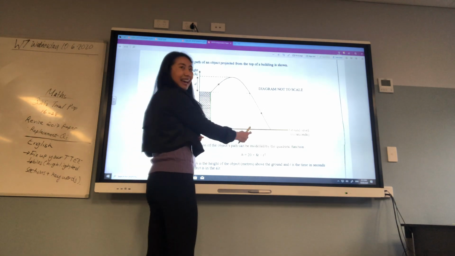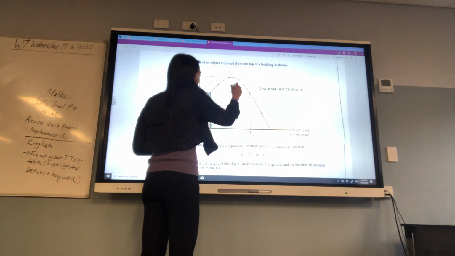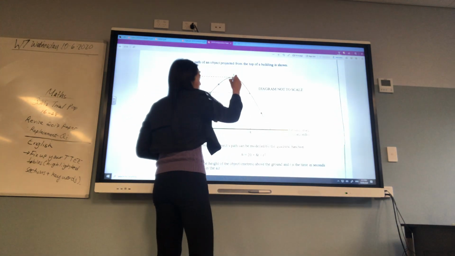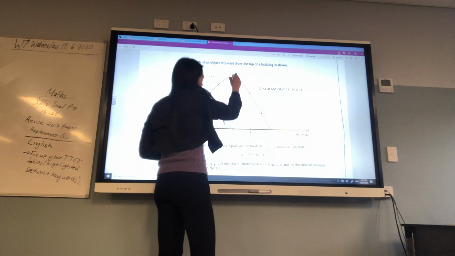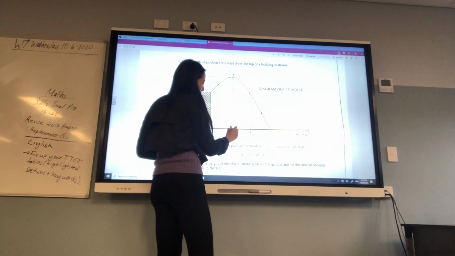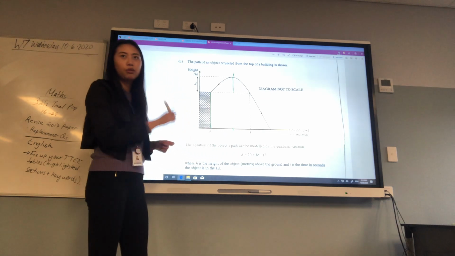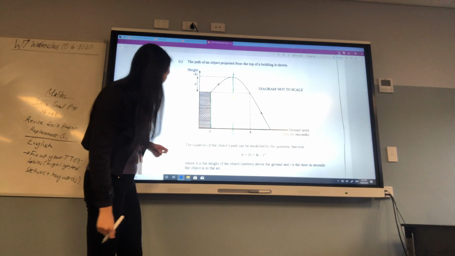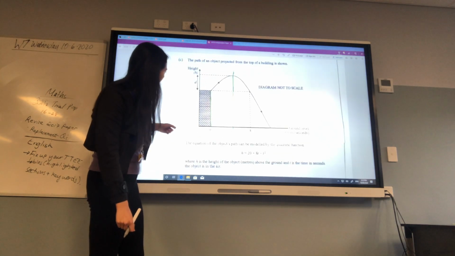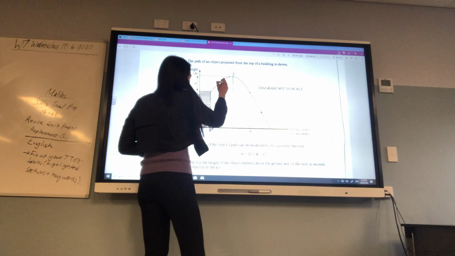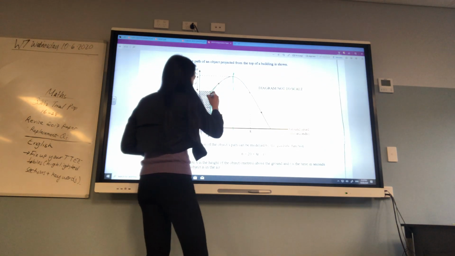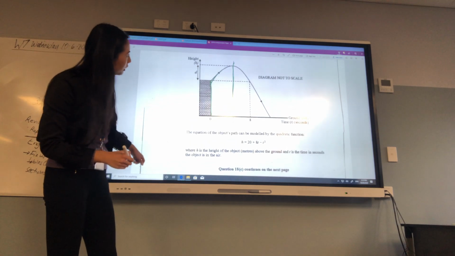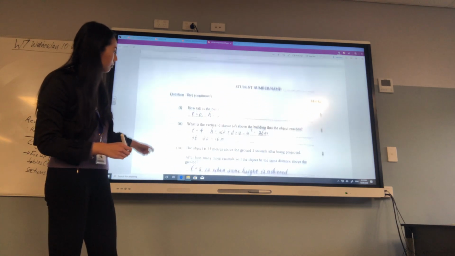If you know this part is 8, and the peak is right in the middle, that means it's going to be 4. So you substitute 4 into the equation. The graph is not very symmetrical looking, though.